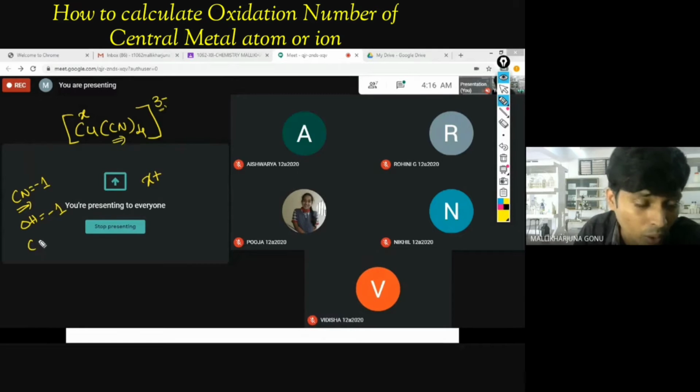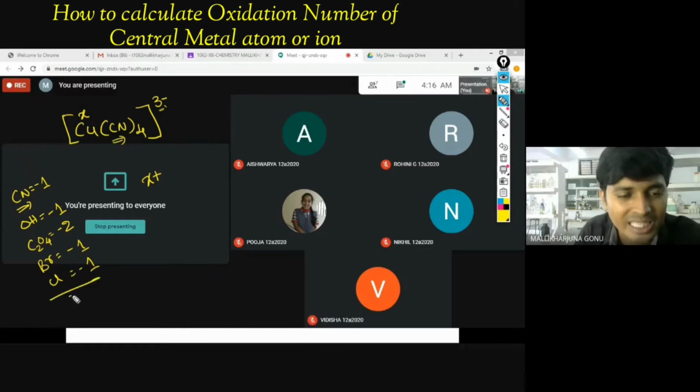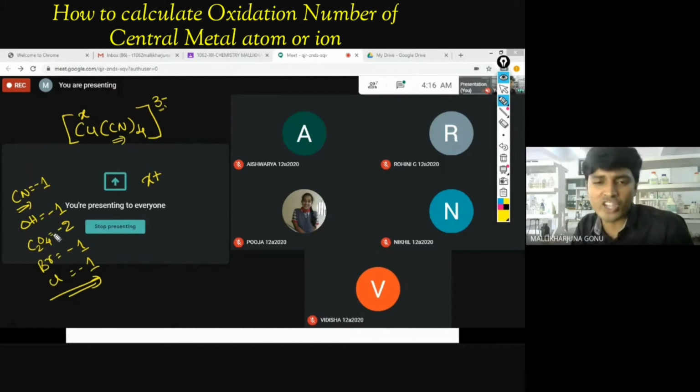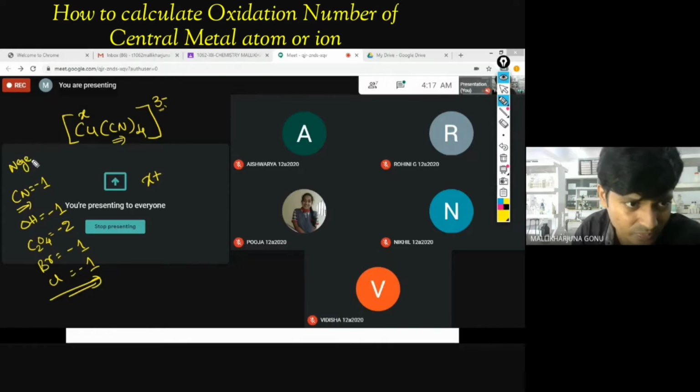For example, oxalate, C2O4: what is the valence? Minus 2. And Br is minus 1. Chlorine, minus 1. All these are negative valences. Whatever valence you study, for example, phosphate minus 3, sulfate minus 2. These are the negative ligands.